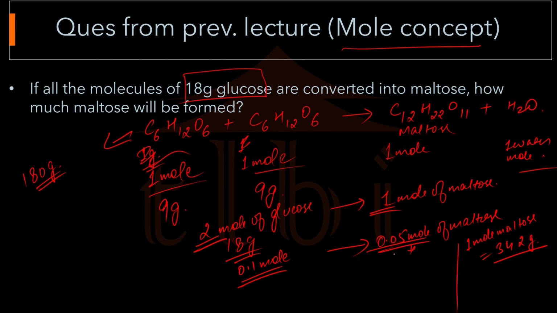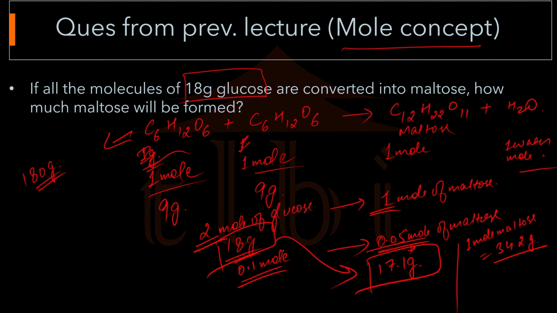That means 0.05 mole will weigh 17.1 gram. So that much maltose will be formed if 18 gram of glucose is completely converted into maltose.